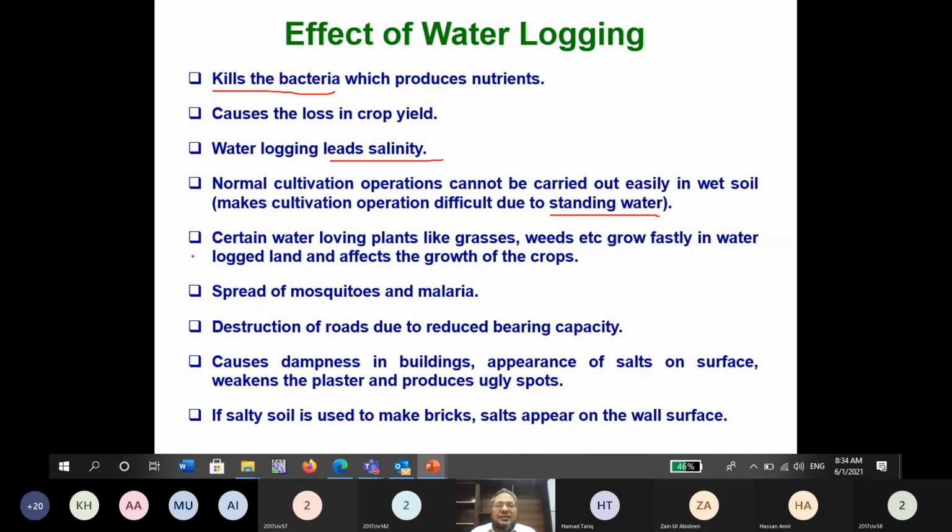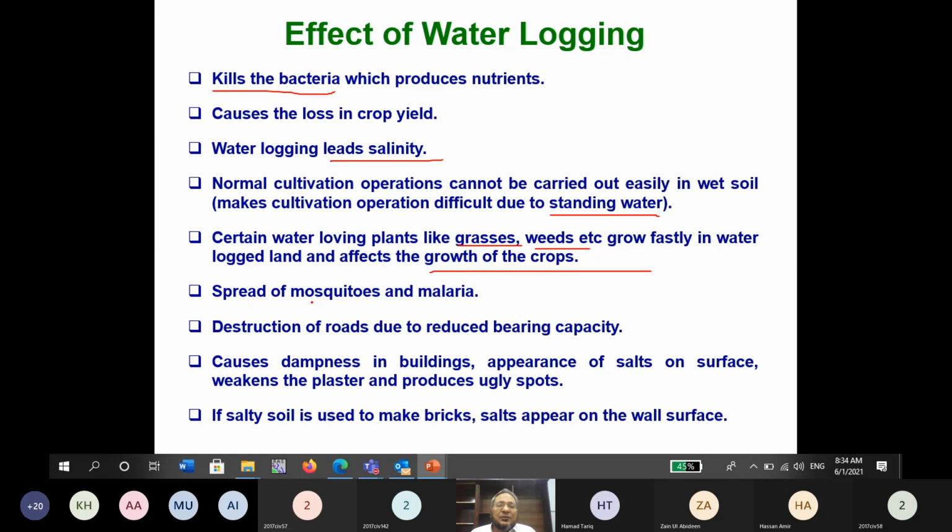The next is certain water-loving plants like grasses and weeds. They grow automatically at a very fast rate in waterlogged lands and affect the growth of crops, because the water is available. So these weeds and grasses grow very quickly and also affect the yield of the crops.